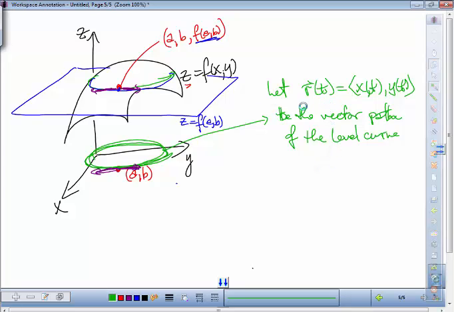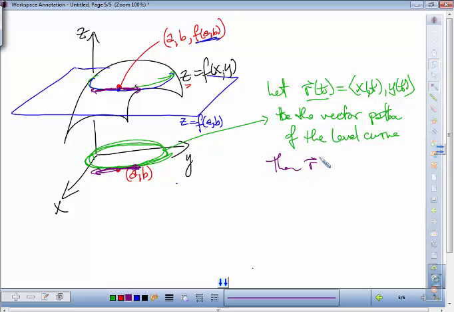So if we take the derivative of this, and notice I drew both arrows here to say it doesn't really matter which way you're going along that path as long as it's tangent. What's a vector tangent to this? What's the vector tangent to this curve? The derivative.